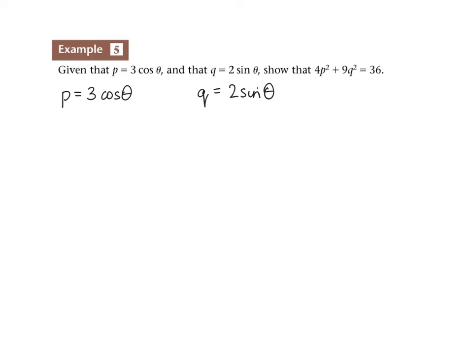And we can rearrange these to get cos theta is equal to p divided by 3, and sine theta is equal to q divided by 2.